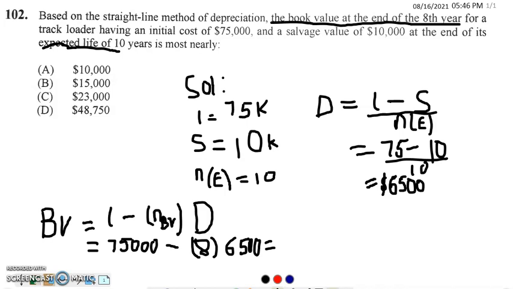I hope everybody got the same thing. So that will be 23,000. Easy. This is an easy question. But the only mistake that most people make is to confuse this N value, the expected life, with the book value N. And your answer in this case will be C.